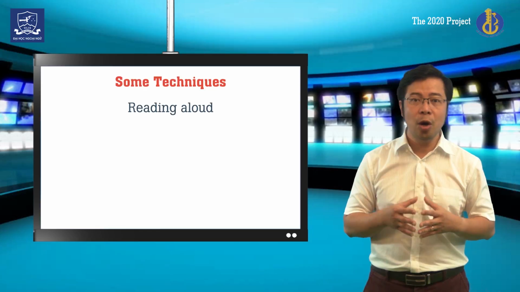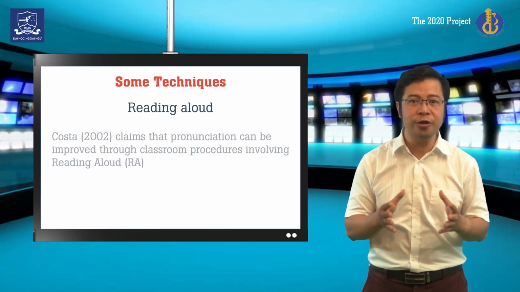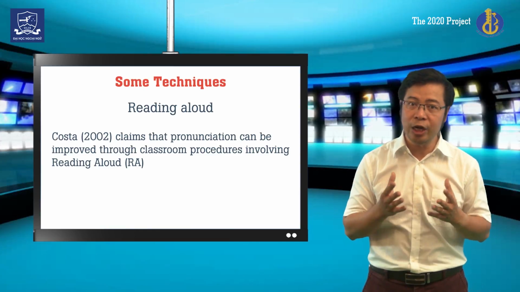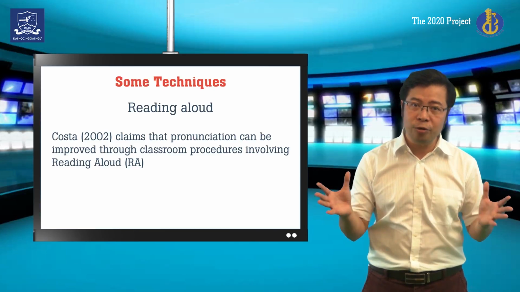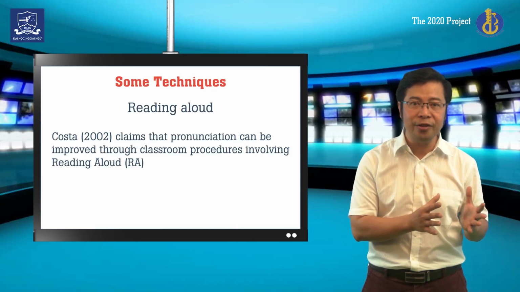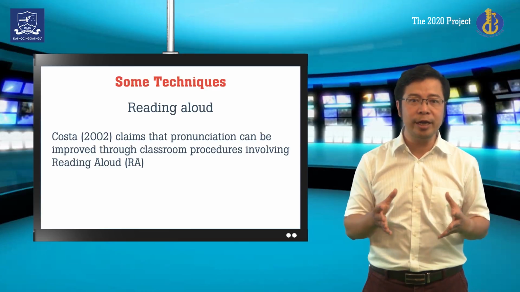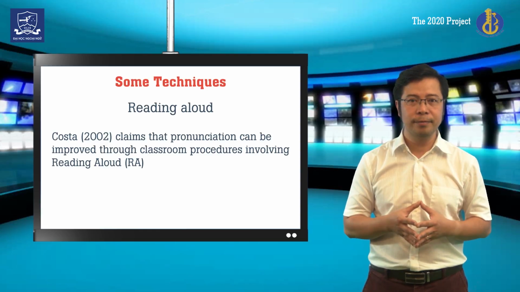Costa claims that pronunciation can be improved through procedures involving reading out loud. If pronunciation includes the stress patterns of phrases, the interaction of sounds between endings and beginnings of words, and the resulting pronunciation and rhythm of these phrases.